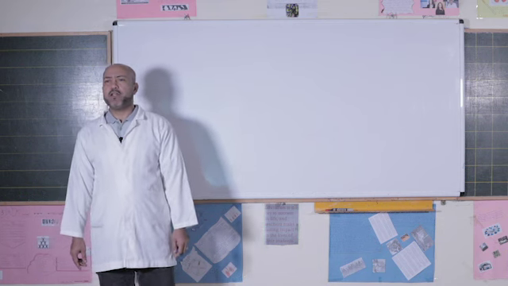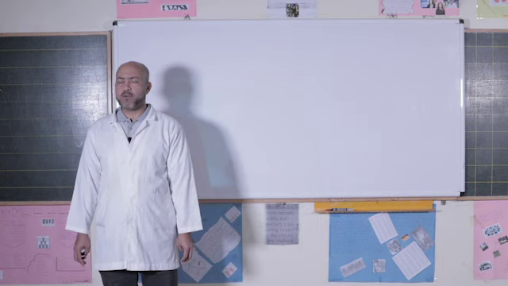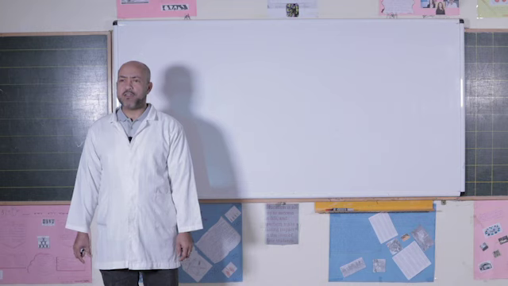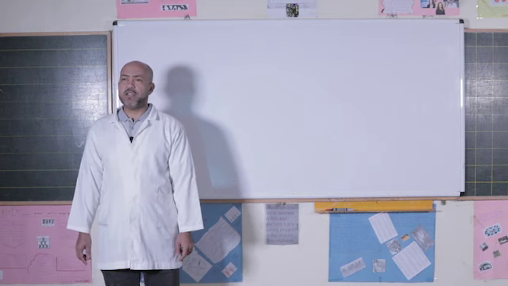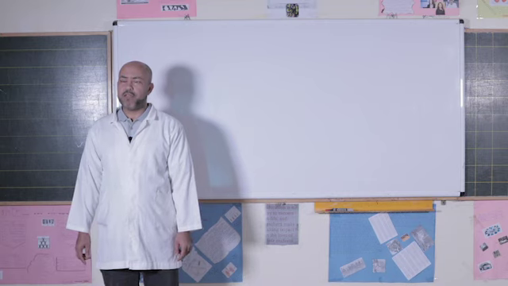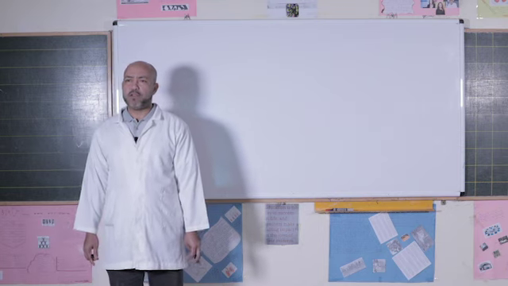Whom is another relative pronoun, but this one is used to replace the object pronouns, namely me, you, him, her, us, you, them. And it can be exemplified by the following sentence. They have found the lady whom they want to interview her. So her is an object pronoun, so it can be replaced by whom.